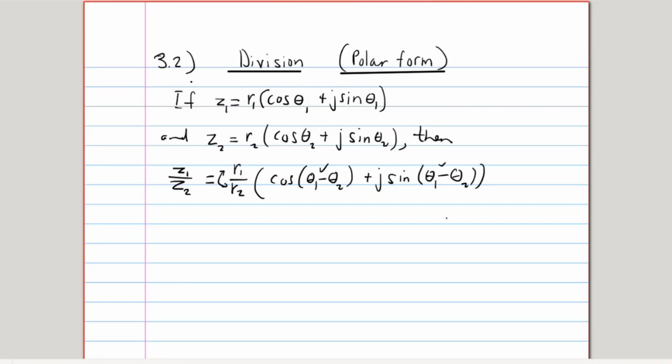So with division, we have the quotient of the two moduli, and we have subtraction of the angles. Unlike multiplication, where we had addition of the angles and multiplication of the moduli. So basically, you can also write this in shorthand form. Z1 over Z2 is R1 over R2, and the angle is theta 1 minus theta 2.